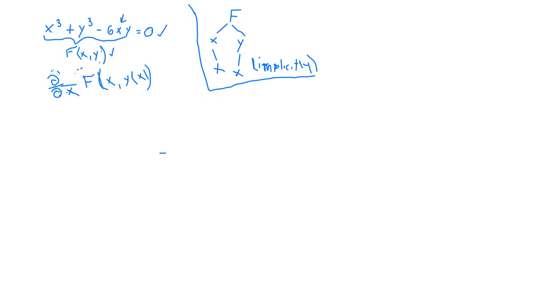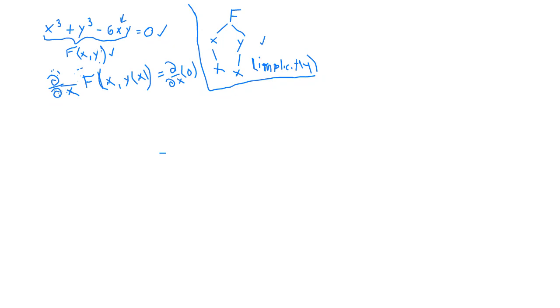Here I have f is a function of x and y, but I could write the y as a function of x here. And really, I should do that because y is implicitly a function of x. Okay, so I'm taking partial derivatives of both sides with respect to x.